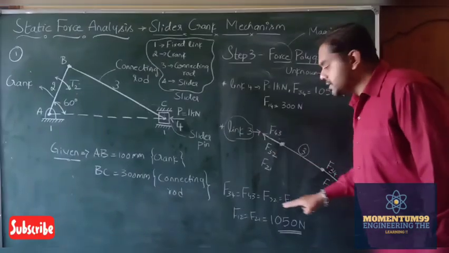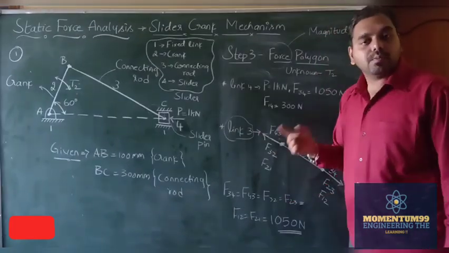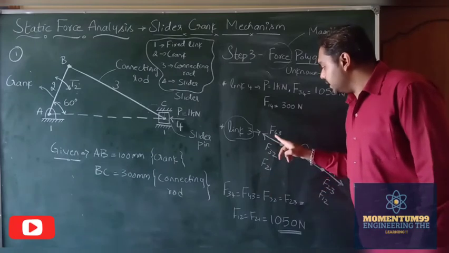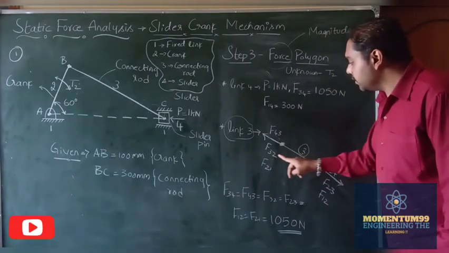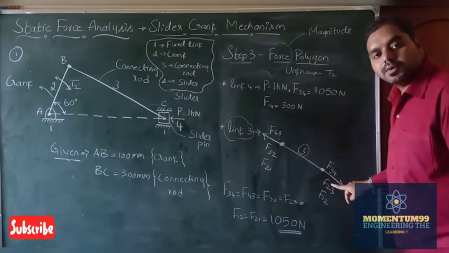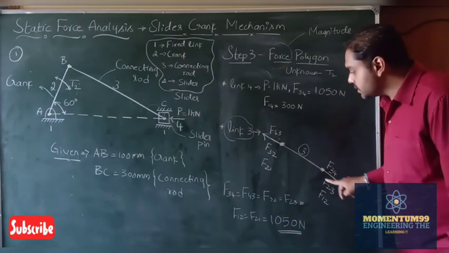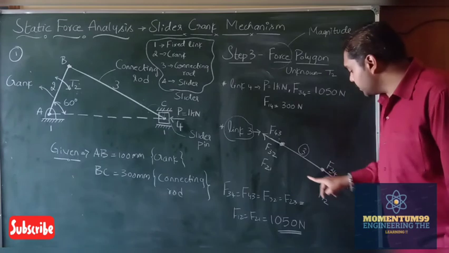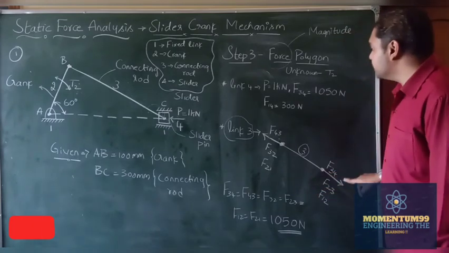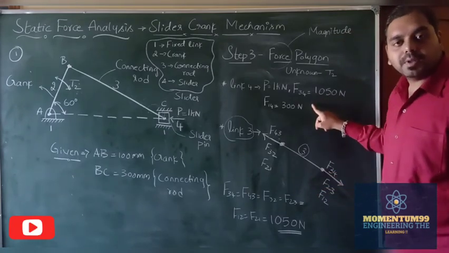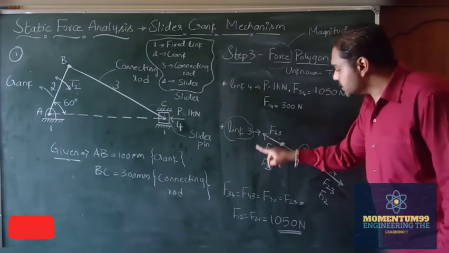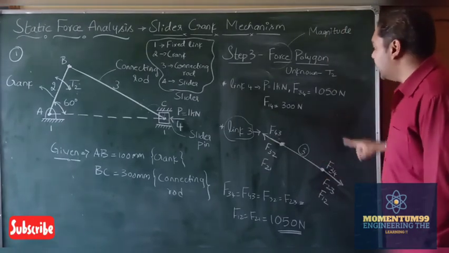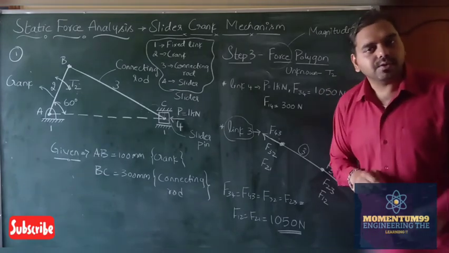So keeping this principle in mind, equal in magnitude and opposite in direction, F43 is equal to F34, this is equal to F32, this is equal to F23, and this is equal to F21, equal to F12. We have found the magnitude of F43 to be 1050 Newton. So all these unknown force magnitudes are equal to 1050 Newton.